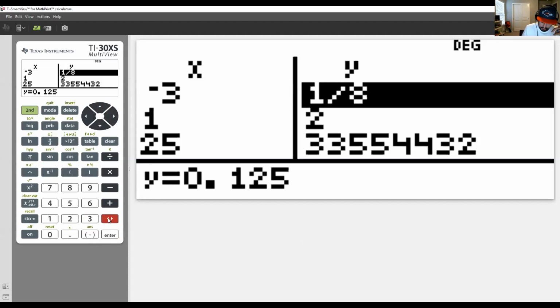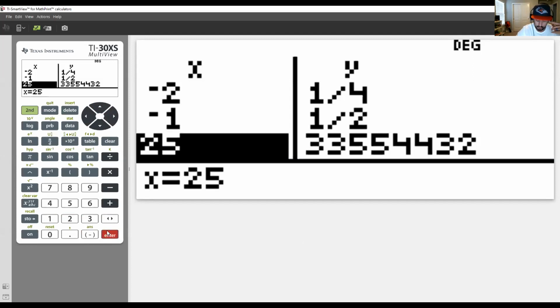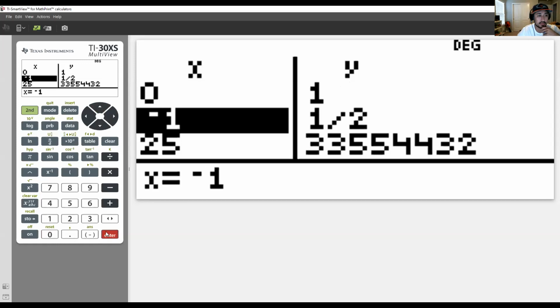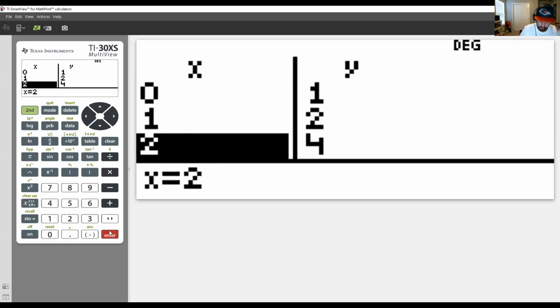That's 1/8, which gives me 0.125. -2 was 0.25. So again, -2 was 1/4. -1 is 1/2, which is 0.5. 0 is 1. 1 is 2. 2 is 4.